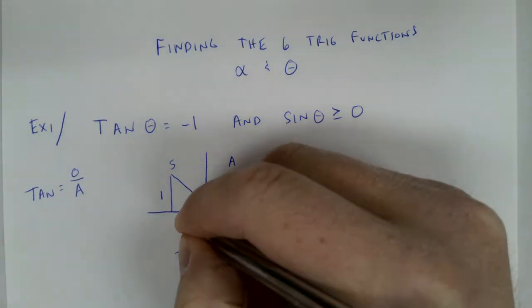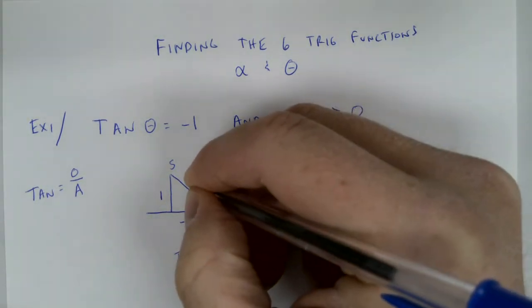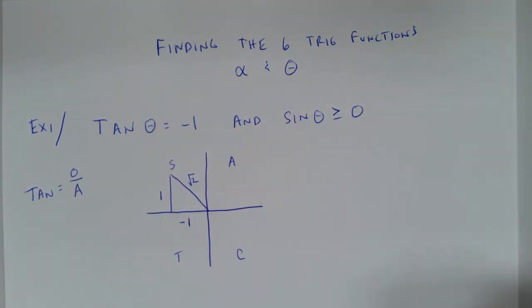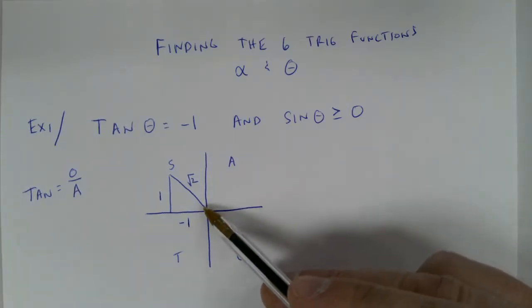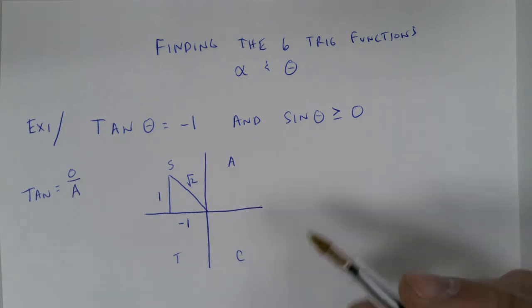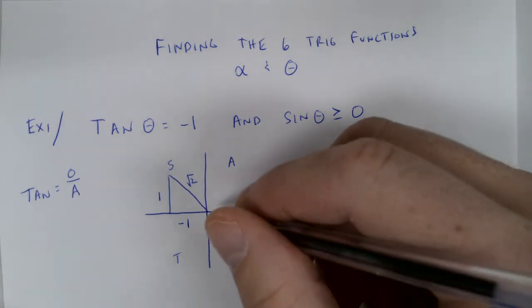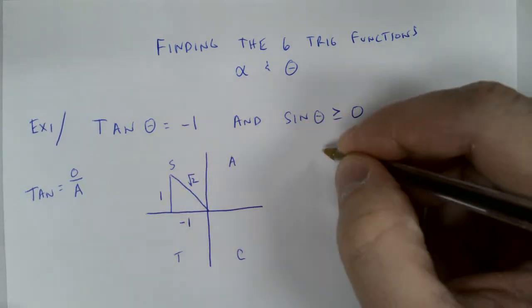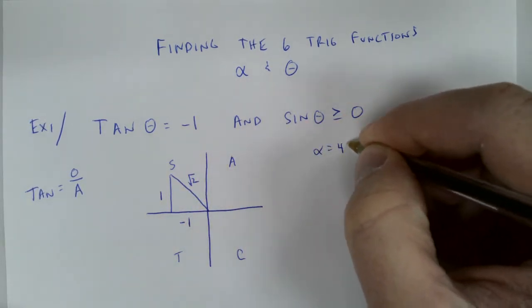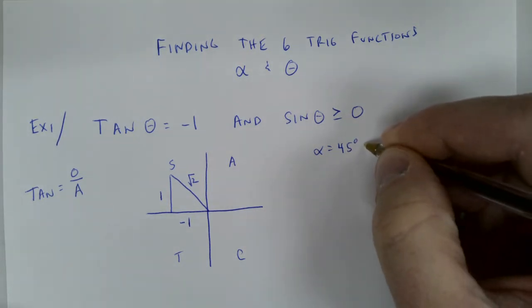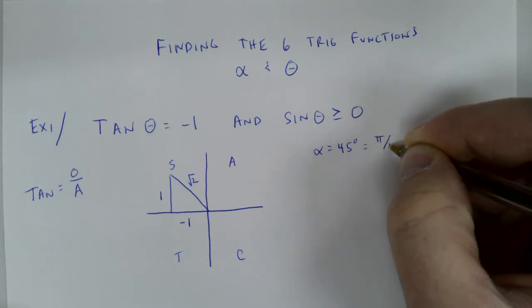So this is going to be -1, and this is going to be radical 2. Now, if this is a 45, 45, 90, what is the reference angle, or what's alpha going to be? We know alpha is going to be 45, or simply pi fourths.